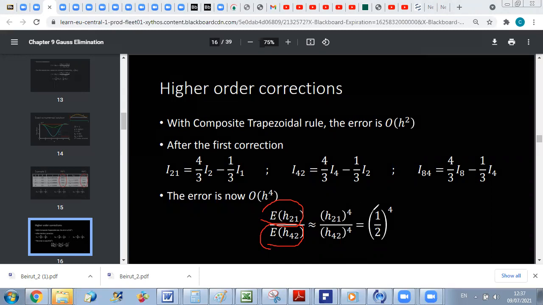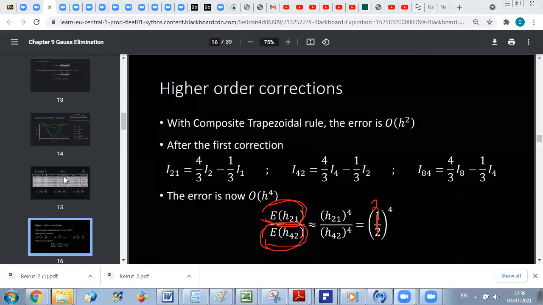Why? Because now we increased the order from 2 to 4. Since H21 over H42 is 2, you can predict that the error in H21 will be 16 times higher than the error obtained with H42. And this is what we actually obtained in the results.